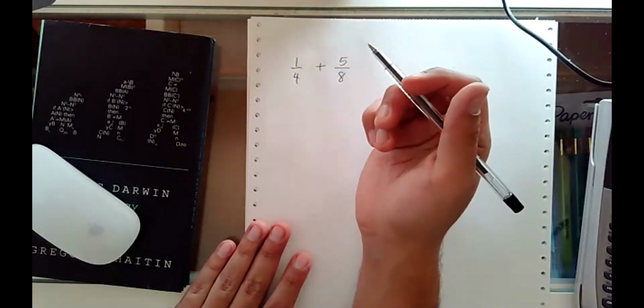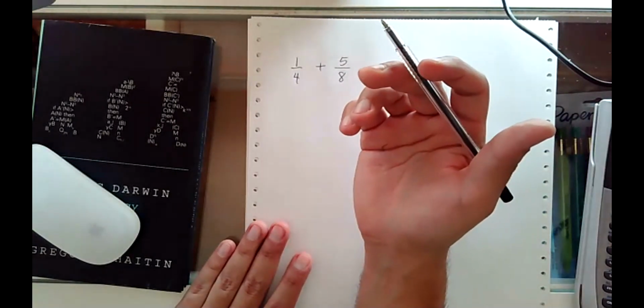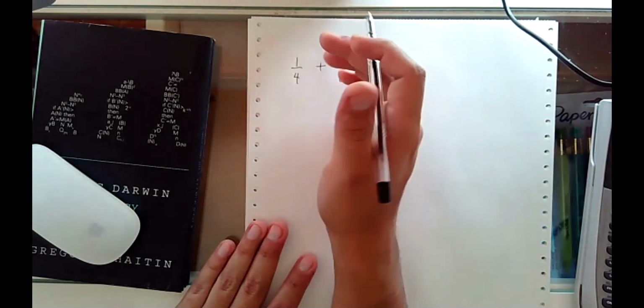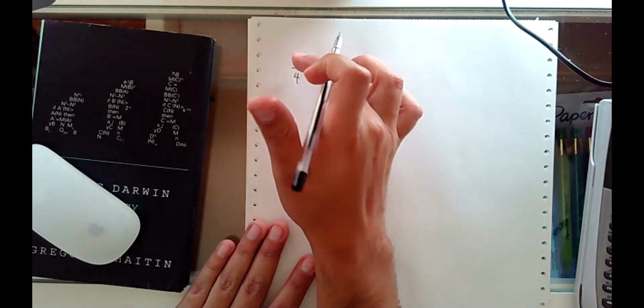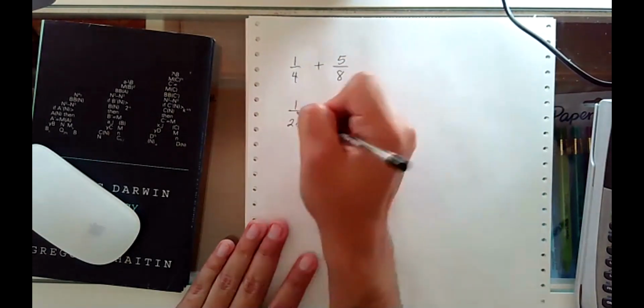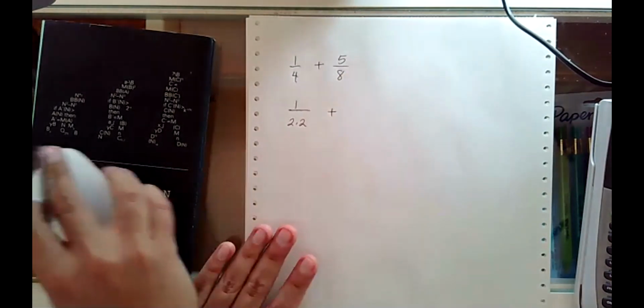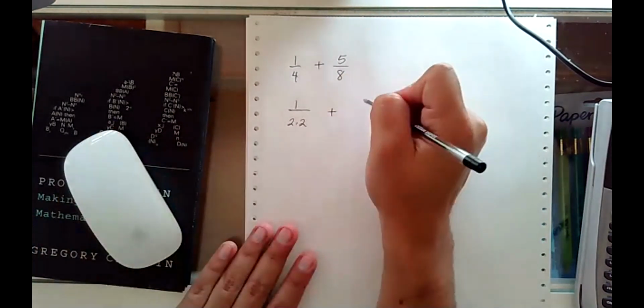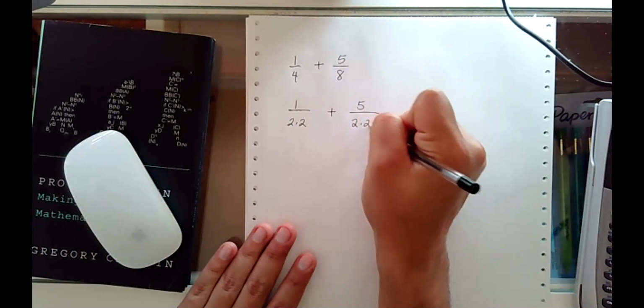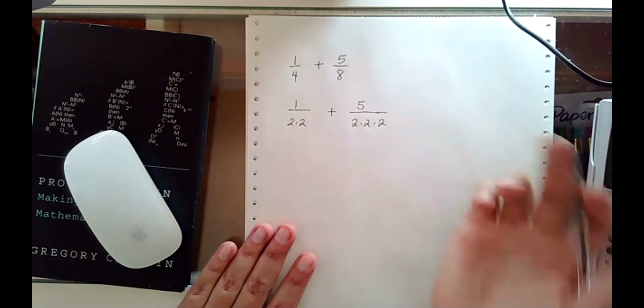I'm gonna do it one more time, if only to mess with you, okay? And then I'll show you a different way. So 1/4 can be written as 1/2 times 2. Plus 5/8 is the same thing as 2 times 2 times 2, right? 4 times 2.